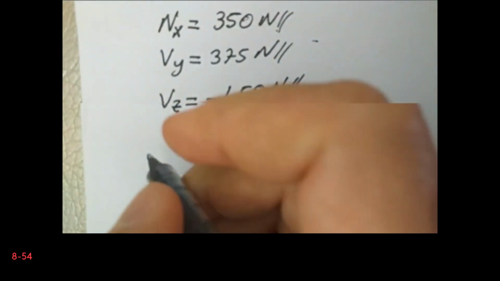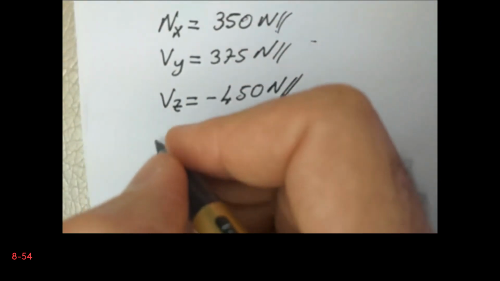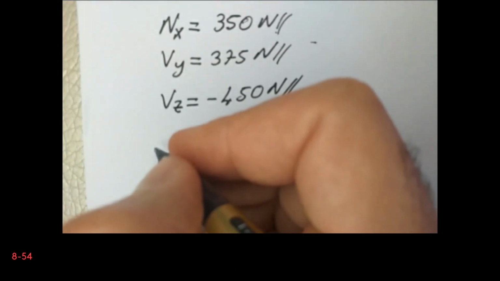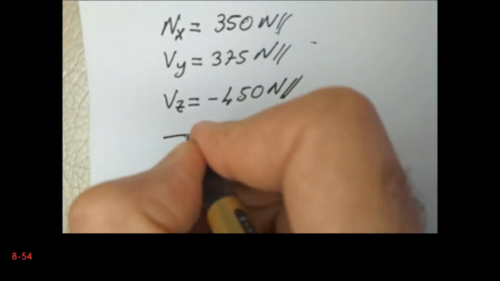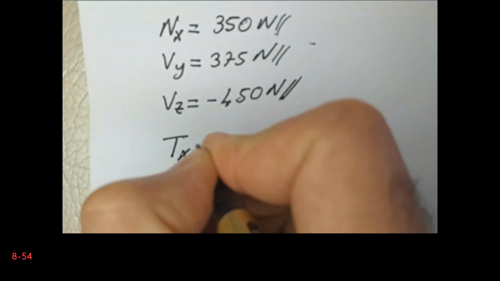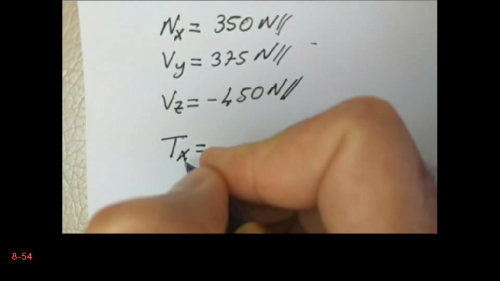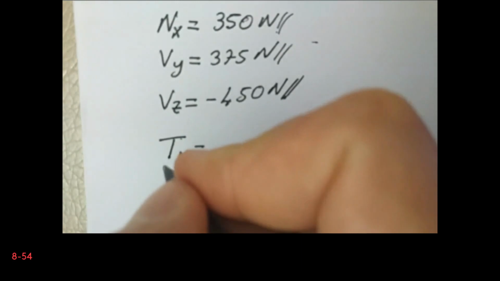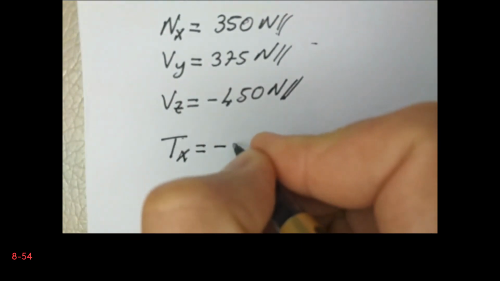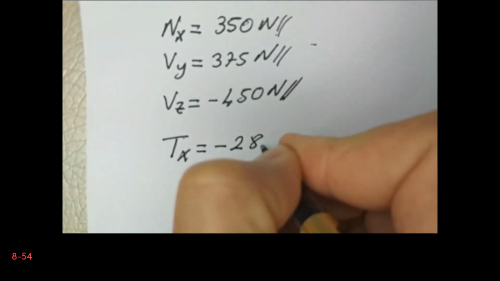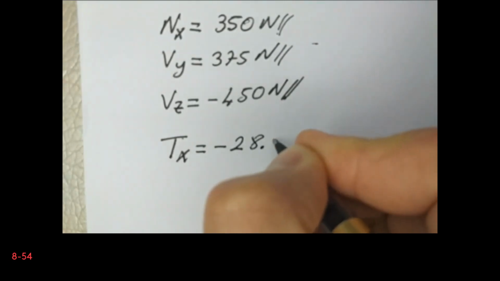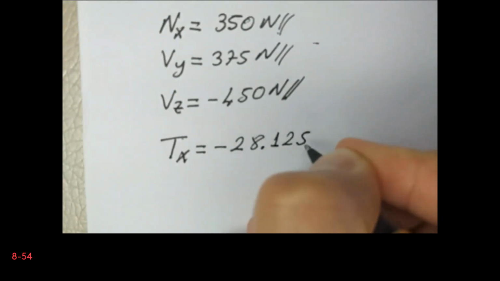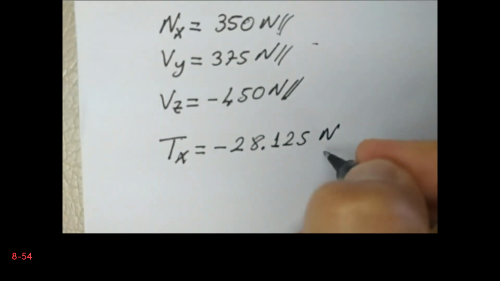Now we have the torque. So the X component will generate torsion, the X component of the moment, which is minus 28.125 Newton meters.